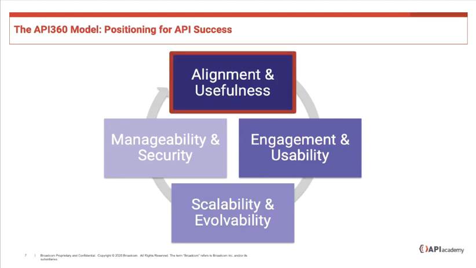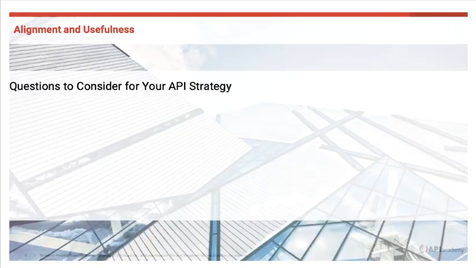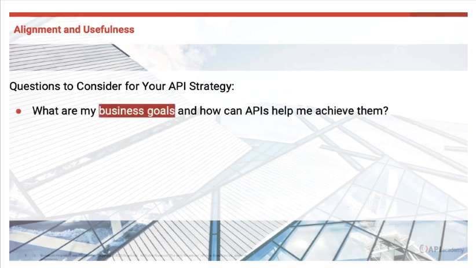Although all of these categories can bring immediate value to a company starting out with APIs, none is more vital than alignment and usefulness. To ensure the necessary balance between strategic alignment with your enterprise business strategy and maximum usefulness to users, here are some key questions you should ask. What are my business goals, and how can APIs help me achieve them?